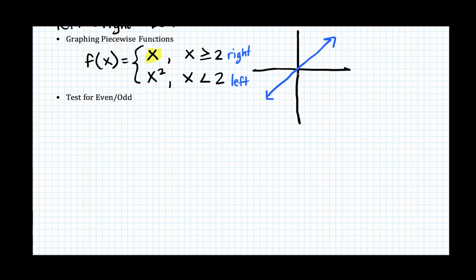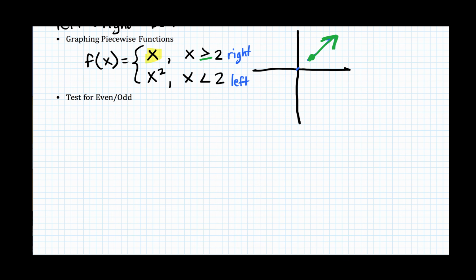So I'm going to go over to positive 2, up 2, and I'm going to draw the graph with a closed circle to include the 2. And I'm going to carry on in the positive direction for all values greater than 2. So that green piece right there, that's the piece that I want to keep for everything to the right of 2 and equal to 2. So I'm going to get rid of the rest of that line because that's not part of our picture.